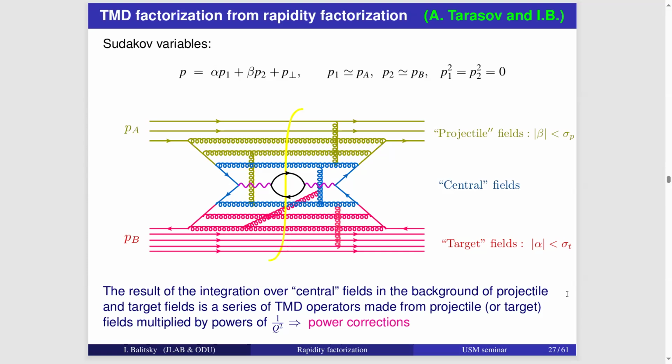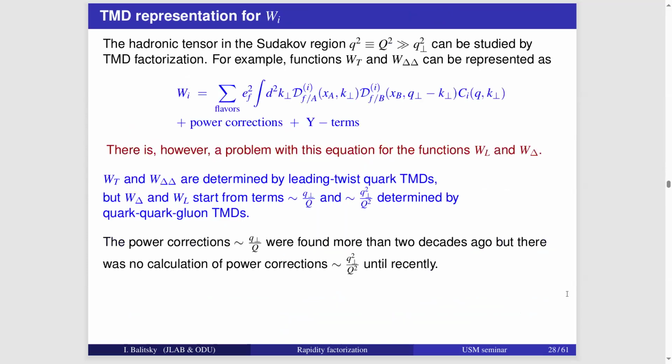The result of the functional integration over central fields in the background of projectile and target fields is a series of TMD operators made from projectile or target fields multiplied by powers of 1 over Q squared, just because of the dimension. If you have x_mu in your operator, it must be divided by something with dimension. And the only thing with dimension is 1 over the large Q, the invariant mass of the Drell-Yan pair.